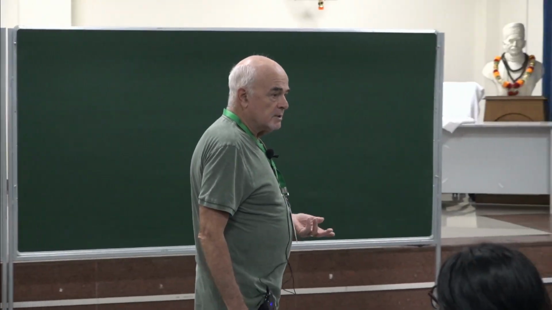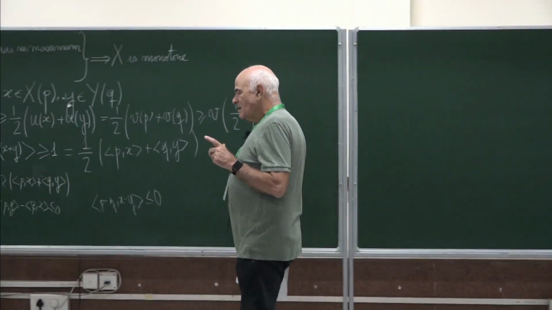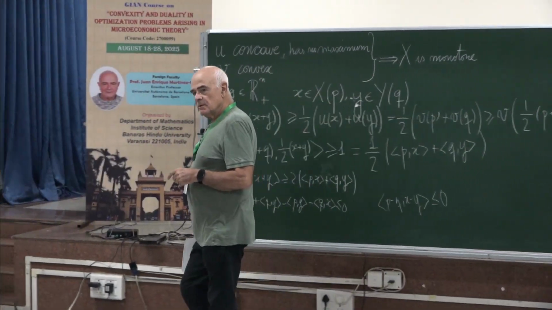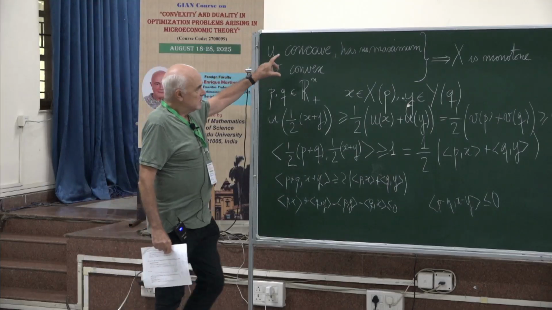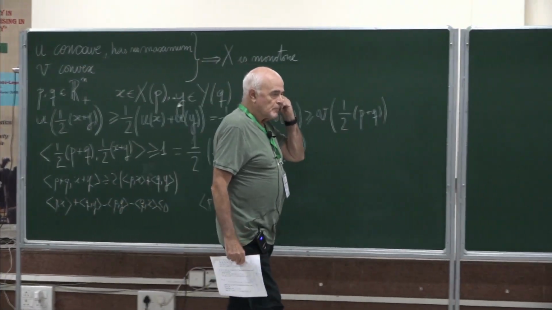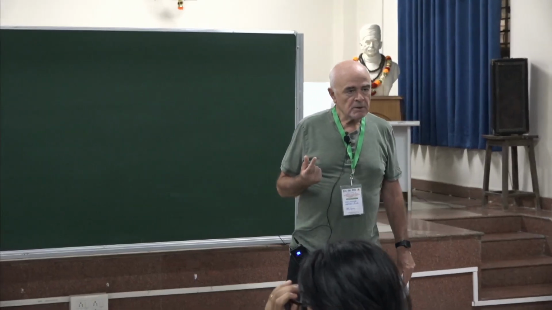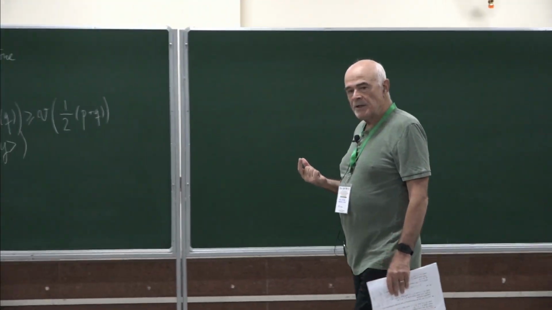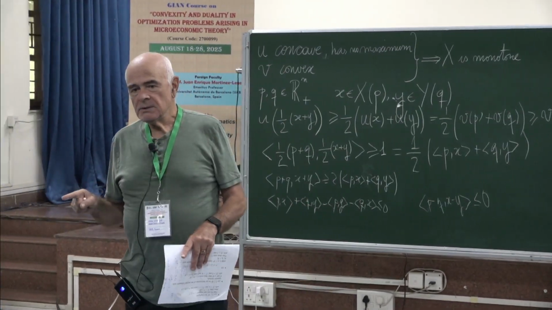So it's equally meaningless from an economic point of view. But as we're going to see sometime later, in fact, this somehow is showing the difficulty of the issue, because somehow concavity of a utility function and convexity of the indirect utility function are opposite assumptions.